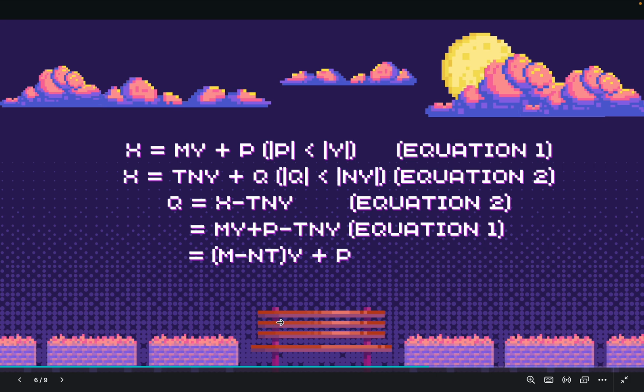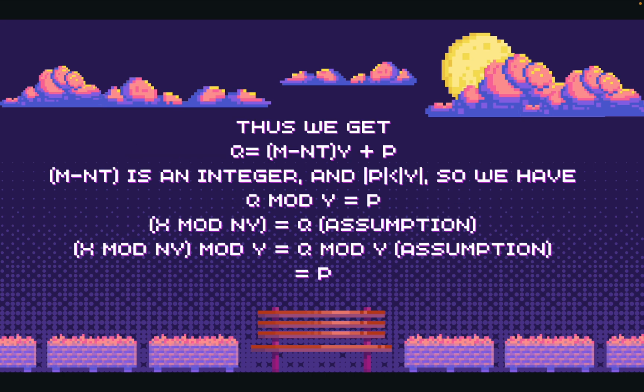So now we have q is equal to (m minus nt) y plus p, which is basically an integer, m minus nt is an integer.